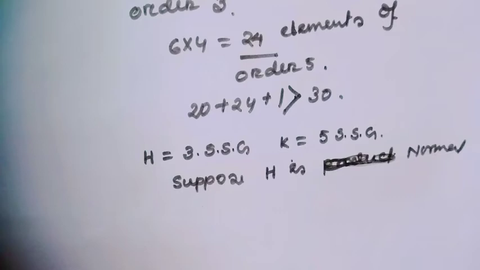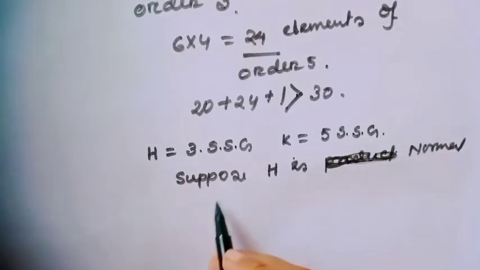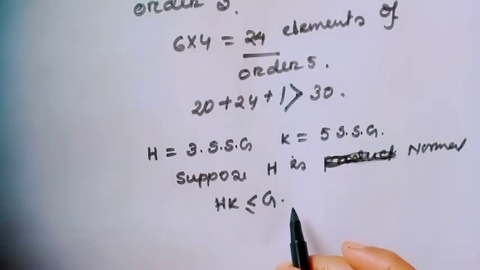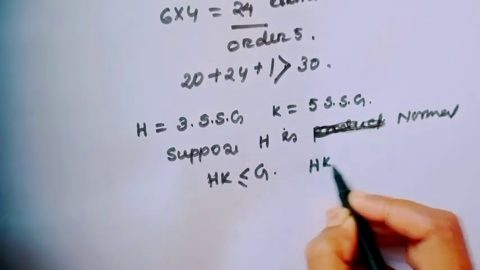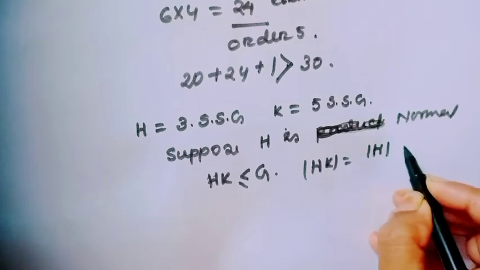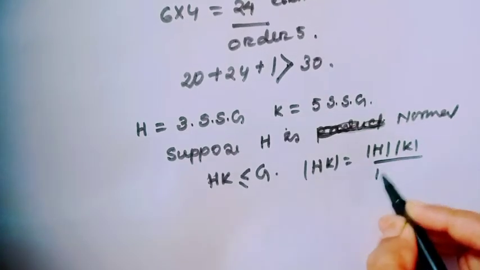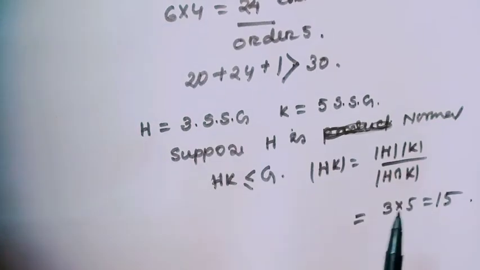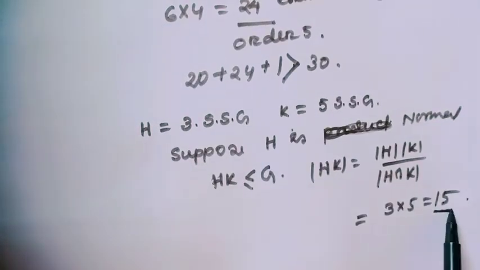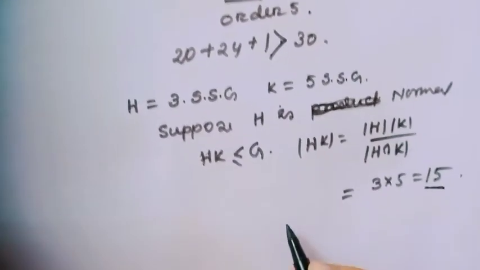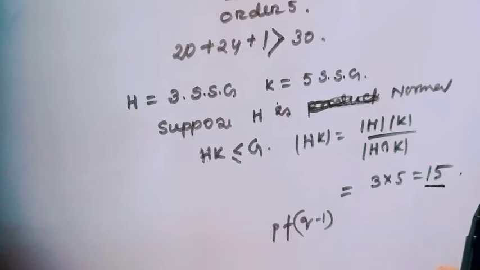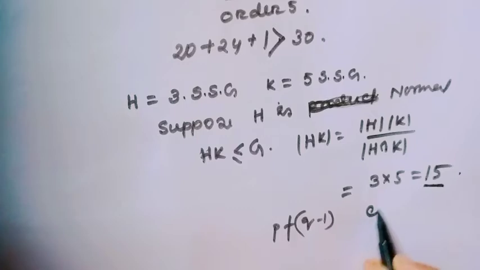And we know since S is a normal subgroup, then SK must be a subgroup of G. And the order of SK, all of us know, is order of S times order of K divided by order of S intersection K. And this is a pq-type group, and since p does not divide q minus 1, the group of order 15 will obviously be cyclic.